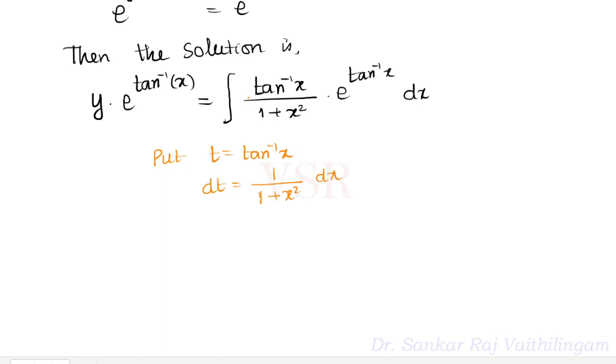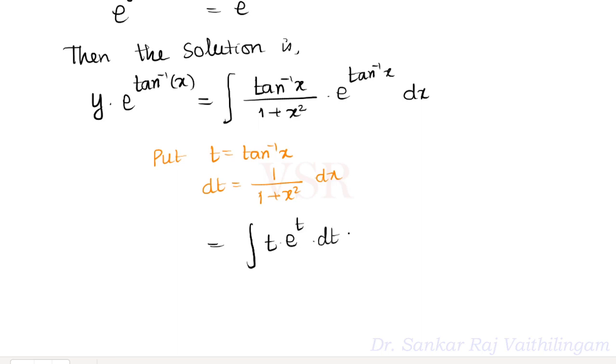Okay, when we substitute in this equation, what we will have is the integral of t e to the power t dt. So t e to the power t into dt.